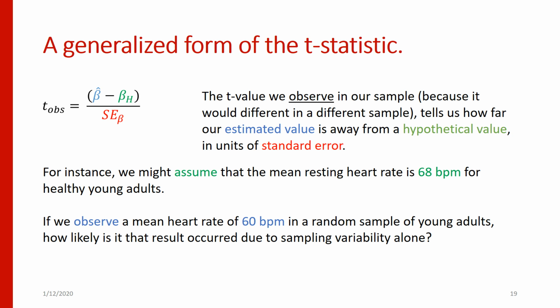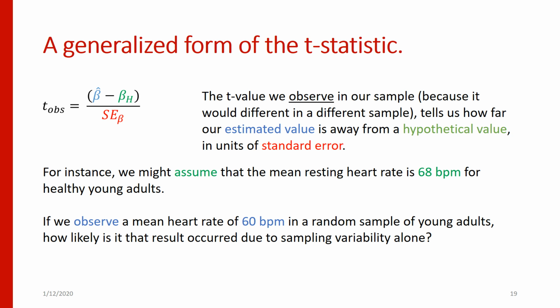And that will tell us how compatible what we observed is with our hypothesized value. Because if it's unlikely, given the hypothesized value, we might conclude that this isn't due to sampling variability alone, and we think there's something else going on here. If our estimated value is entirely consistent with the hypothesized value, right, and this is maybe only half a standard deviation away from each other, we might say, yeah, that could easily occur by sampling variability alone.